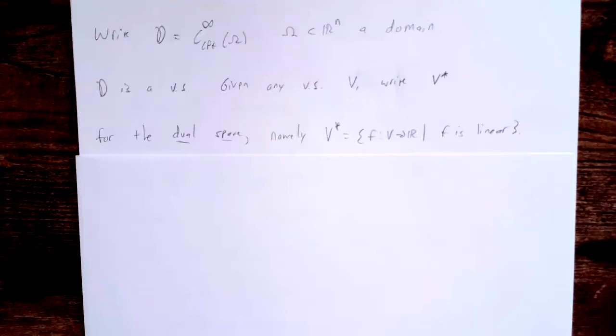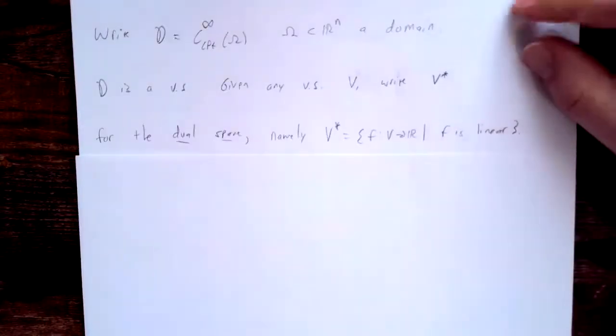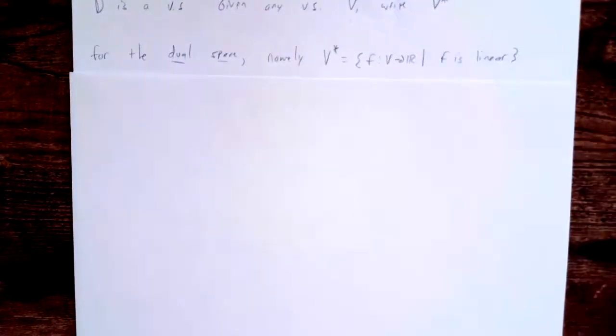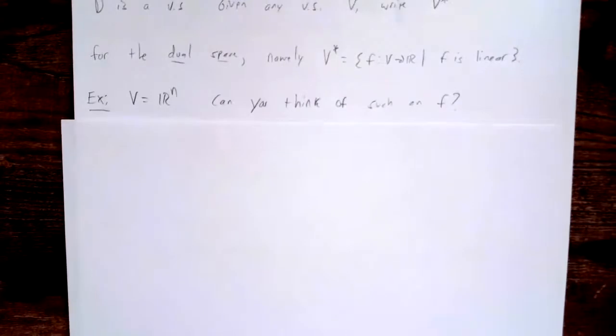Functions from the vector space to R, we usually call them functionals. So the dual space of V is the collection of all linear functionals on V. In what sense is this dual?